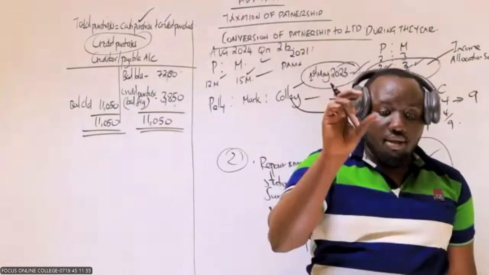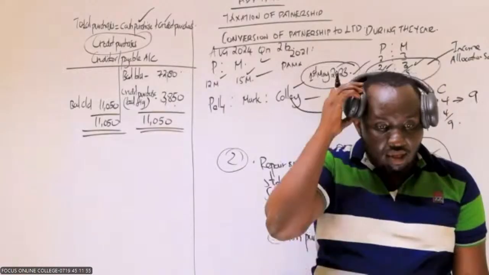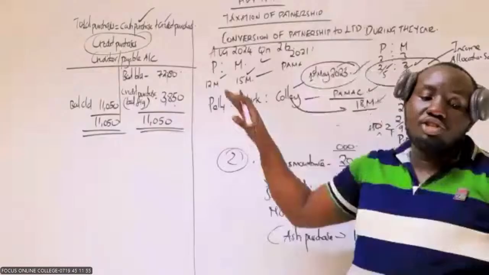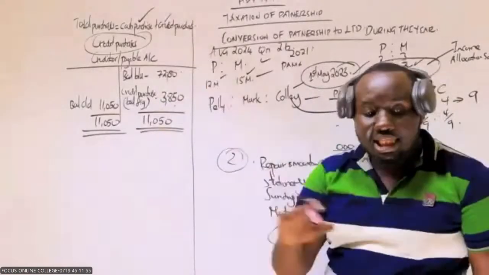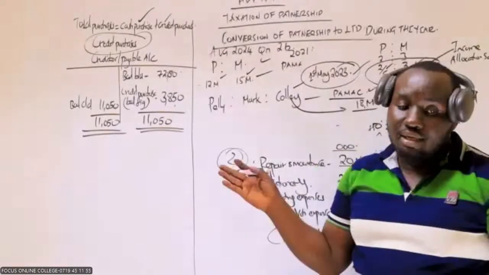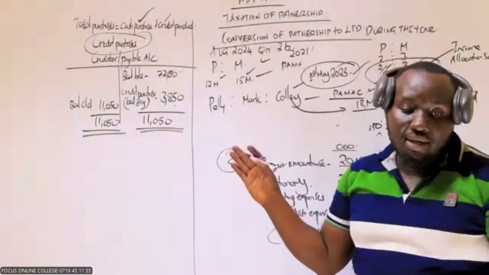Thank you, it's an allowable expense. Look at how I'm doing this. This is not the approach that you should take when you're doing this for yourselves. Are we together? This is for learning purposes.